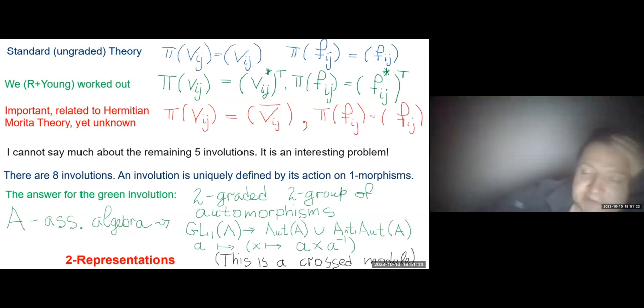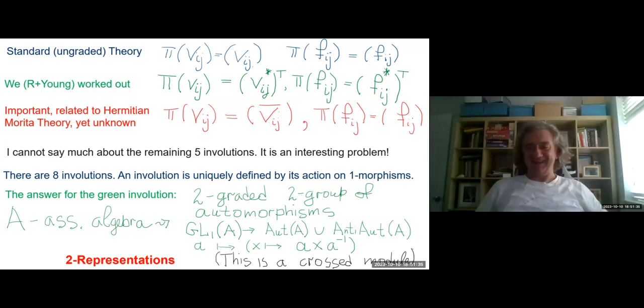Excuse me, could there be also a generalization, like instead of C2 graded, Ck graded, or some other finite group graded? Yes, absolutely. And again, it would be interesting to work out.